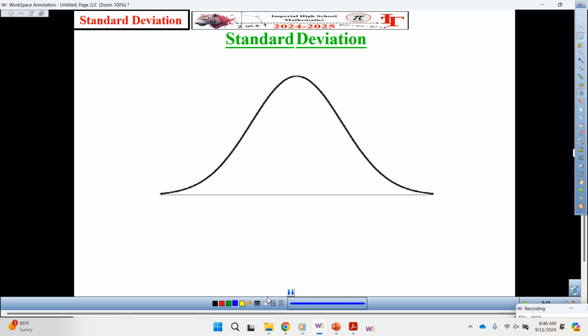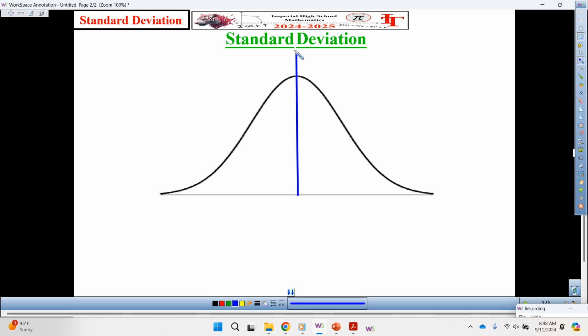So notice it's a perfect bell curve, but the top of the bell curve right here creates something that hopefully you guys remember from your geometry class, symmetry. So if I was to split this in half, do that with me. There it is. So now we have symmetry. The same area to the left is to the right.